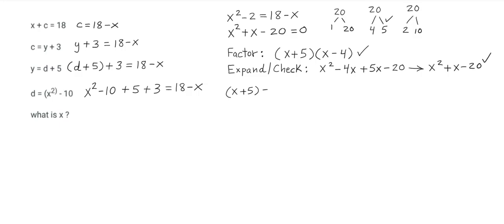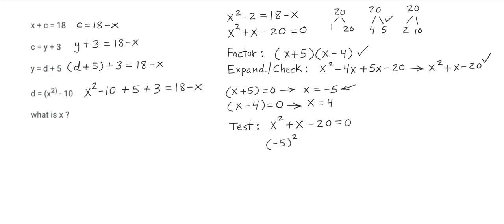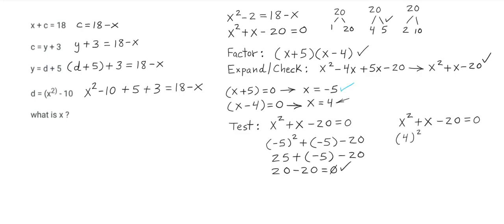So if we take x plus 5 and make it equal to 0, we know the first x is negative 5, and then x minus 4 is equal to 0, so the second x is equal to positive 4. So we can actually substitute and test this into the quadratic function. And when we work it out, we do indeed get the correct answer. We valued the 4 component, the second x, and we also get the correct answer.